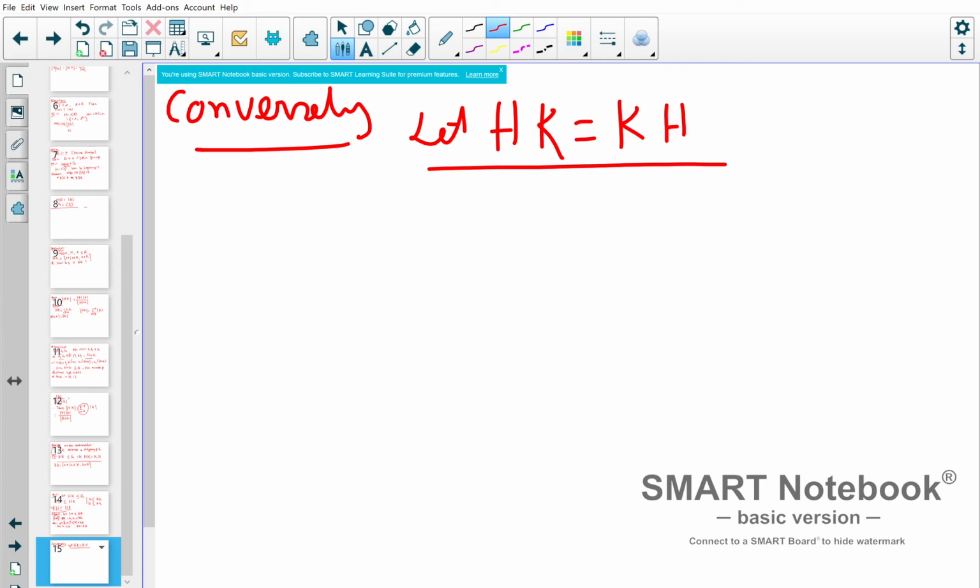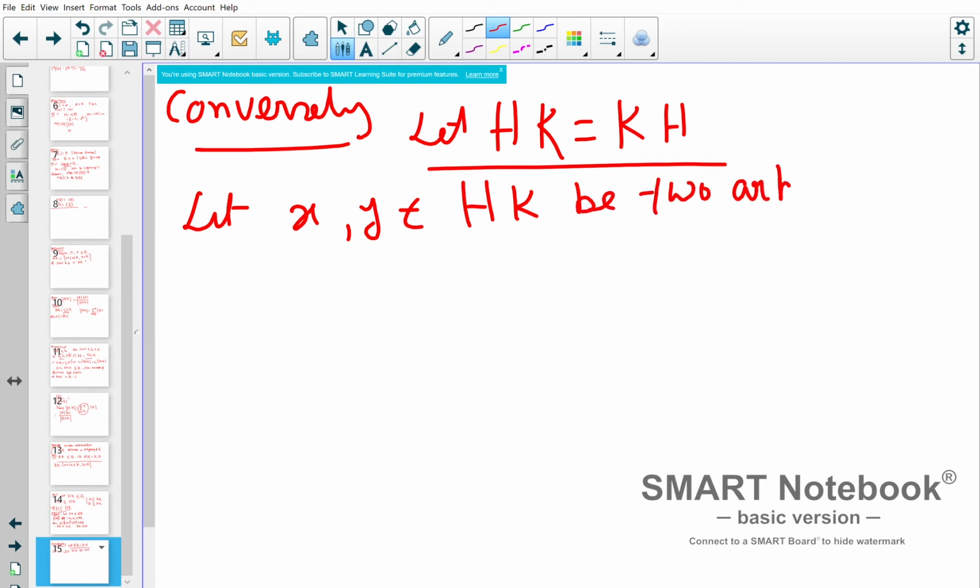I need to prove that let something, say X and Y belongs to HK be two arbitrary elements, right? So let me start with two arbitrary elements. Now if I start with two arbitrary elements, then I need to prove what? I need to check that xy inverse.